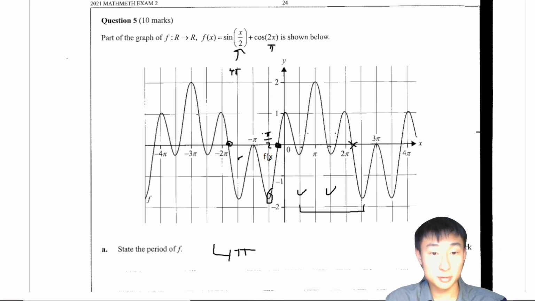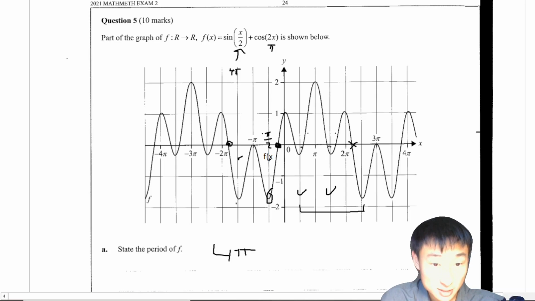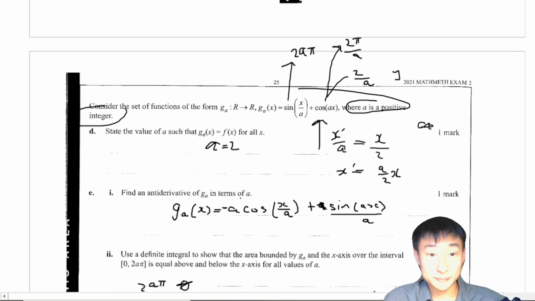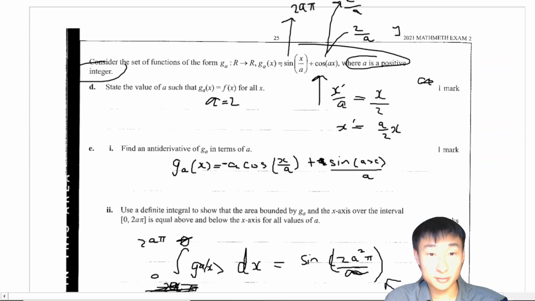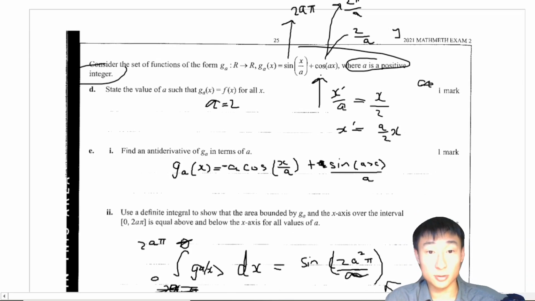So we make this as high as possible. If we look at this GA graph, sine, A is a positive integer. A being a positive integer is a big part here.